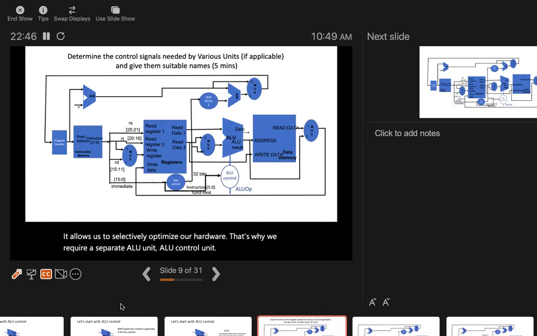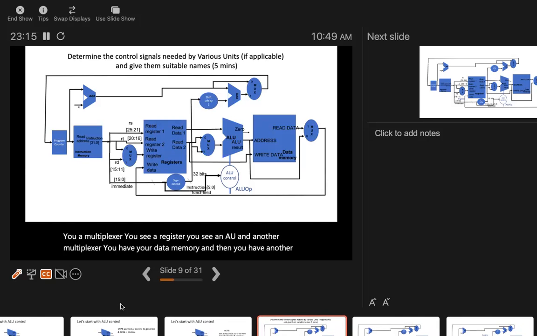Okay. Now, this is the hardware that we have built so far, right? What I would like for you to do is take the next 5 minutes, move from left to right, and determine what control signals are required for what specific components. You see a multiplexer, you see a register, you see an ALU and another multiplexer, you have your data memory, and then you have another multiplexer.